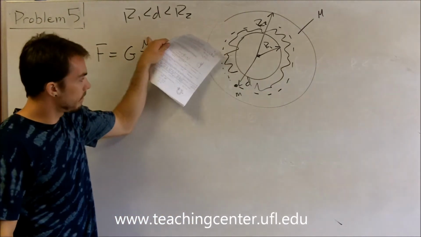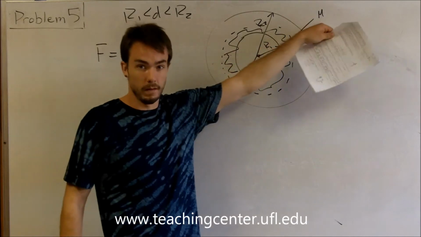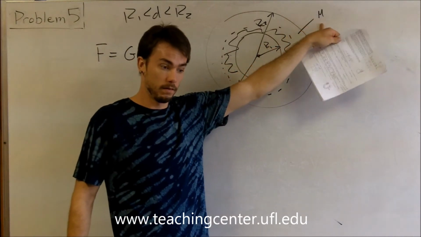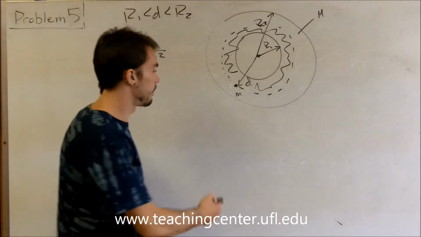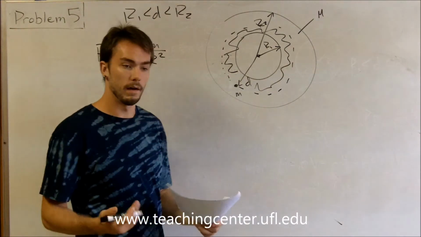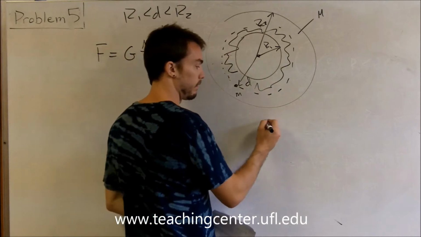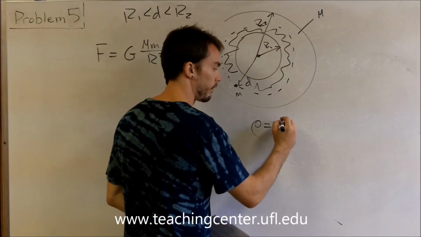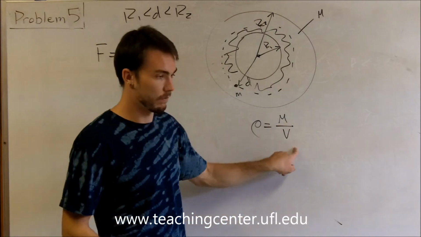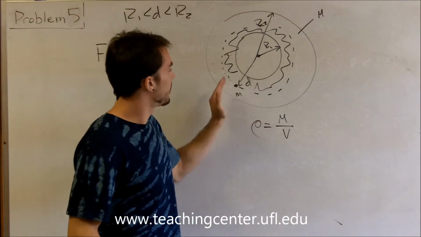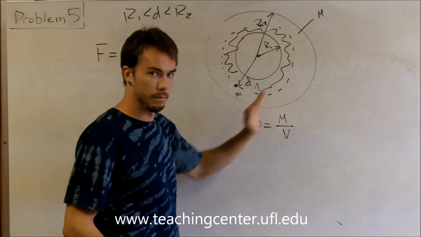However, our mass is not going to be equal to m. It's going to be equal to something else. The way you can figure that out is by using the density formula, which is the little trick you need to remember for these situations. Density is equal to mass over volume. The concept is that the density is going to stay the same no matter what.